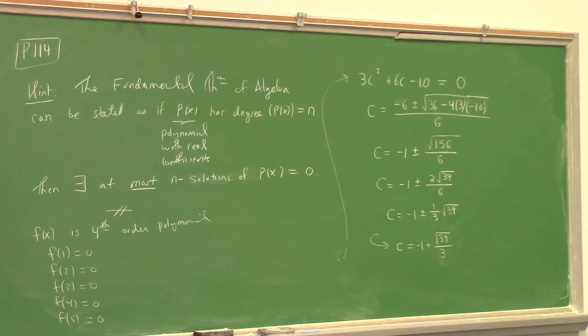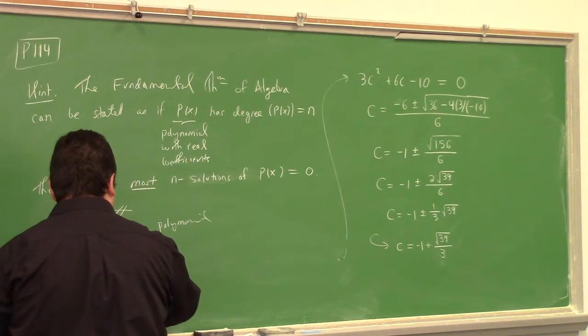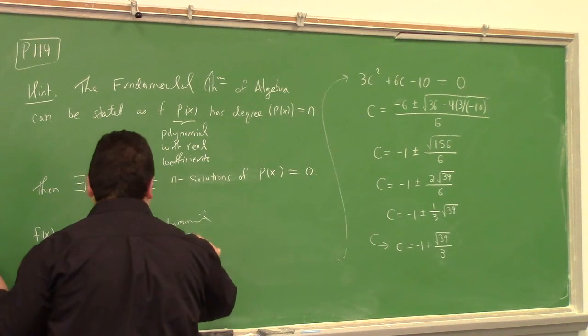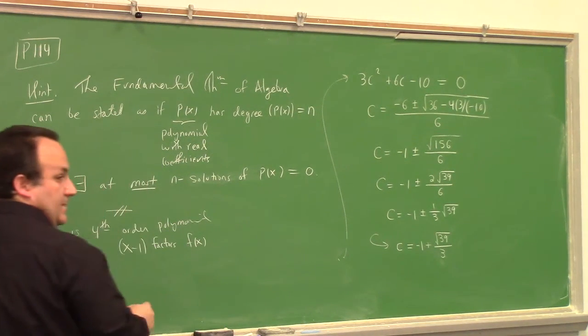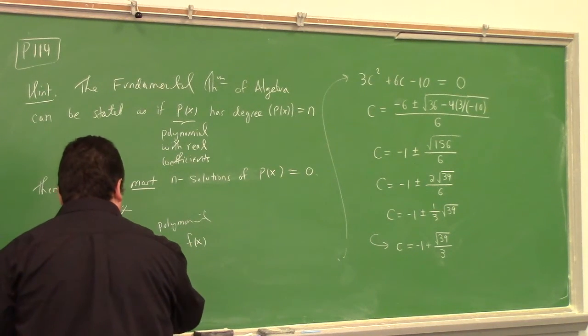Well, we know the factor theorem. The factor theorem says that to each zero there corresponds a factor. And so f of 1 equal to 0 means that x minus 1 factors f of x. And f of 2 equal to 0 means that there's an x minus 2 factor.